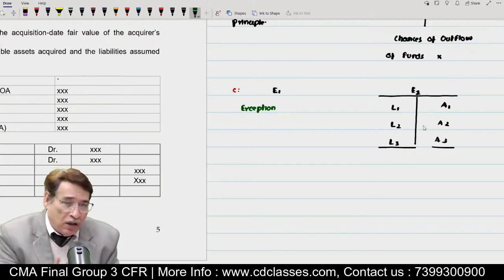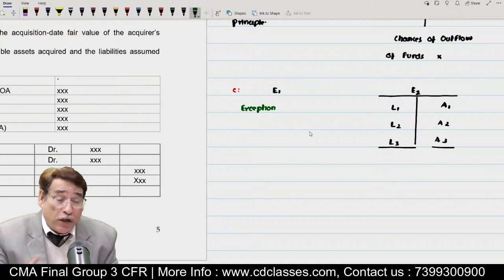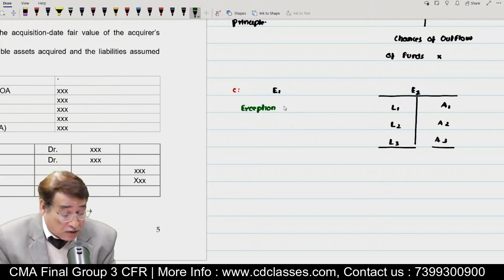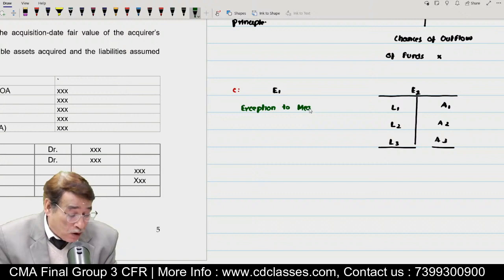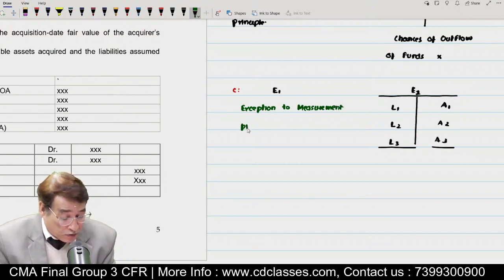Generally all the assets and liabilities appearing in the books of the acquiring company will have to be recorded at fair value, but we are not measuring them at fair value. Then how we will measure them and what are those exceptions, I will let you know in a short while. Just pay attention. It is known as the exception to measurement principle. Is it clear to you or not?